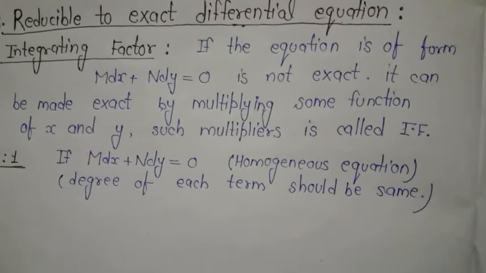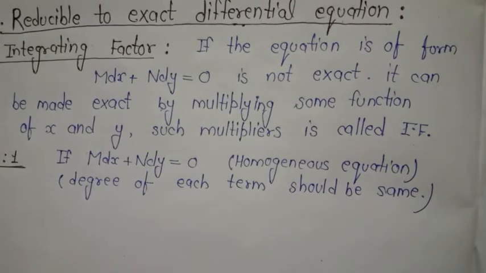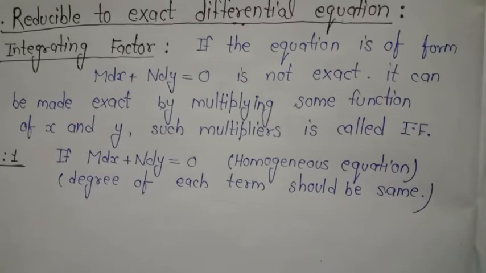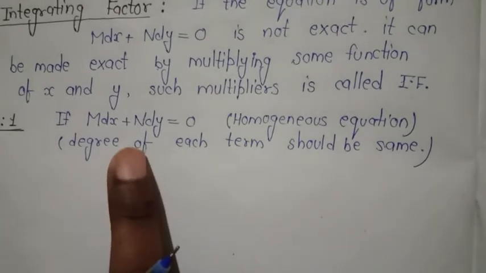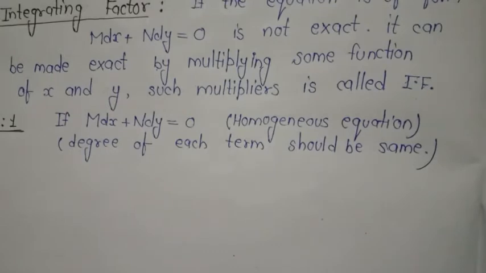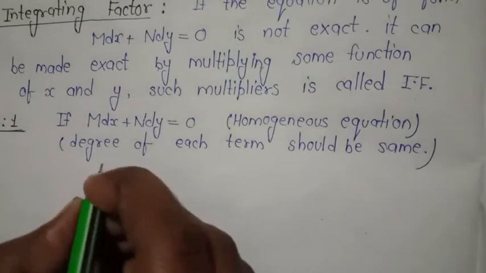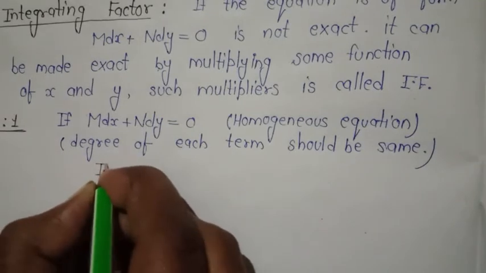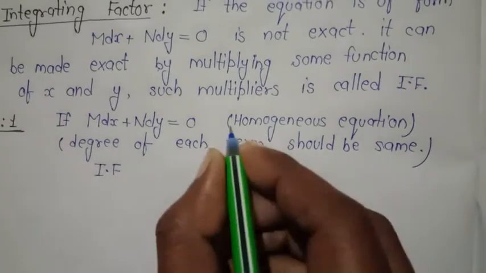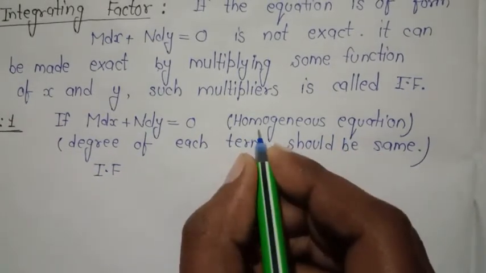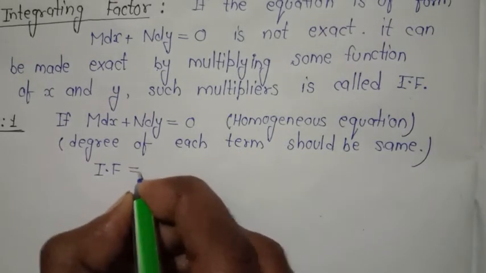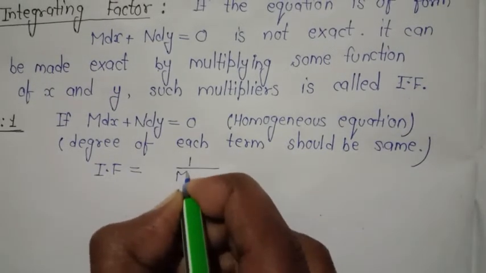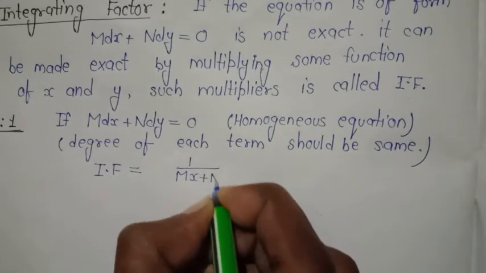If you do not understand, I am taking one example, then you can easily understand what a homogeneous equation is. So if the equation is given in homogeneous form, how can we find the integrating factor? There is a formula. When the equation is in homogeneous form, the integrating factor is equal to 1 upon Mx plus Ny.